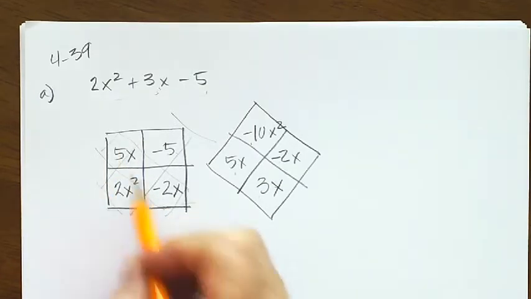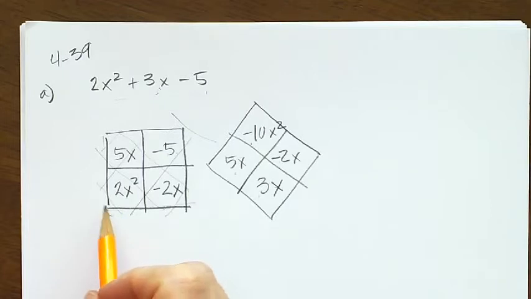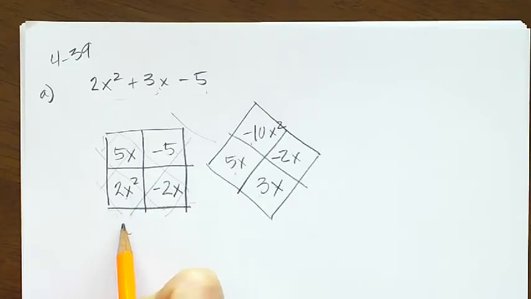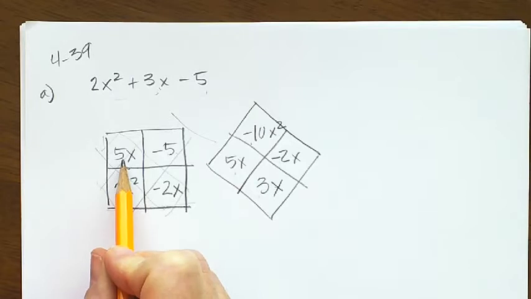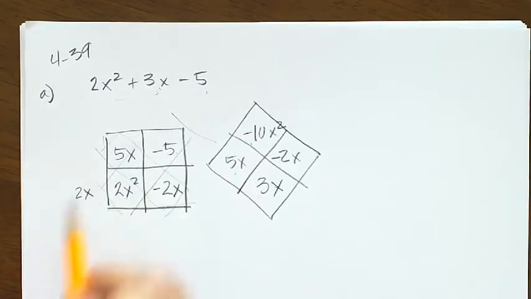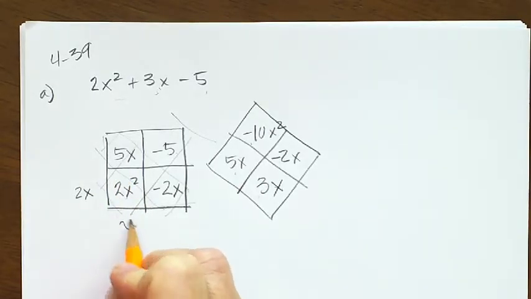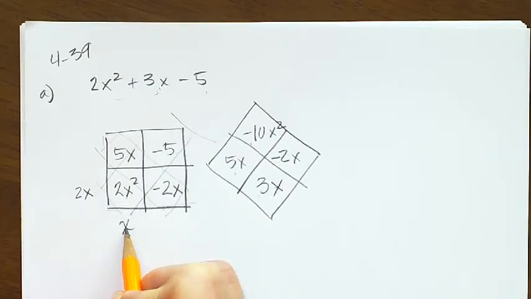So now we just get the length and the width. We know that 2x times x is going to give us 2x squared. Where that 2x goes matters. I cannot put 2x here because 2x is not a factor of 5x. 2x has to go here. So 2x times x is 2x squared.